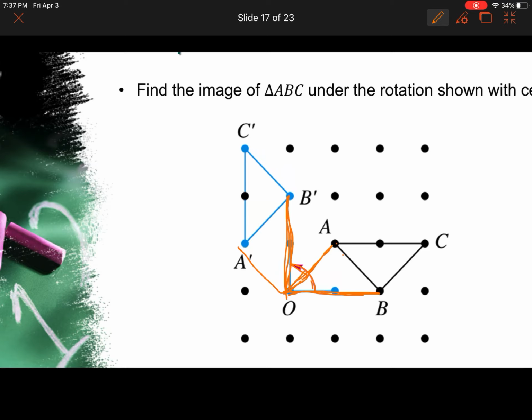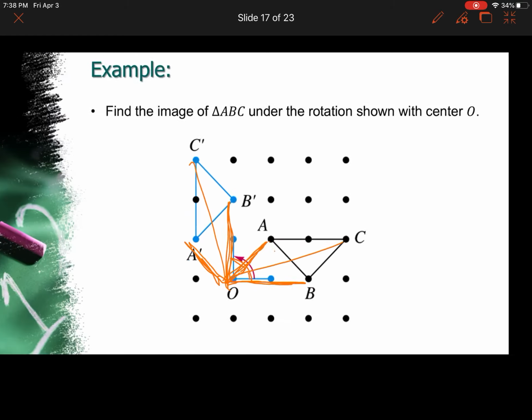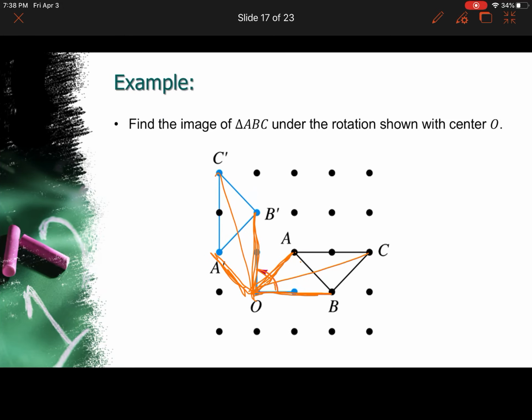If I go A to A prime, it's going right down that diagonal, that's splitting that 90 in half and this 90 in half. That's another right angle. And if I did the C to the C prime, that's another right angle. So when you have a certain degree rotation, all the angles between the image and the pre-image are the same. It's whatever that angle of rotation was.